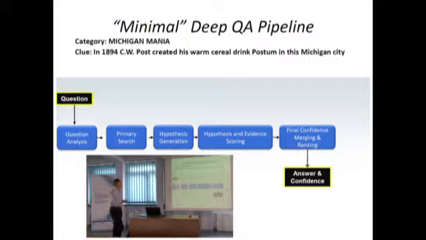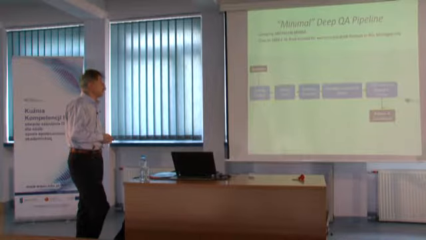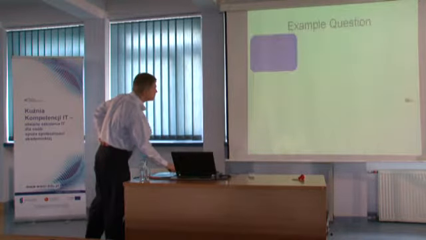So question analysis gives us this. This is what we're going to be looking for. Now we need to find a city which is in Michigan, or at least is modified by Michigan, and we need to connect it to some warm cereal drink, to the year 1894, and to a person, C.W. Post. So what happens next?